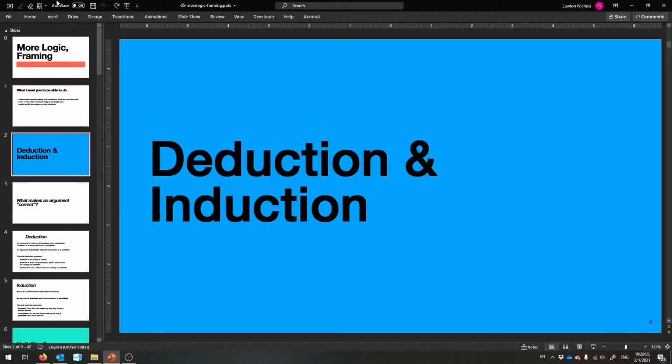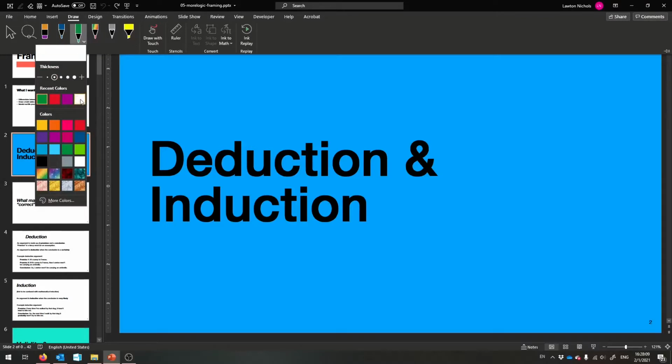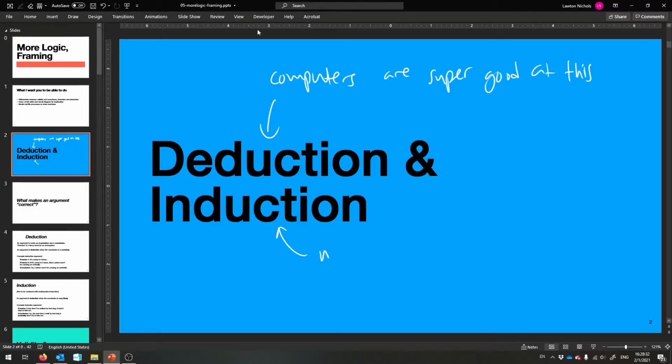So the first thing that I want to teach you about is this magical thing called deduction and induction and the difference between them. Okay, because computers can do one thing very well. Computers are really good at deduction. Computers are super good at this. And then induction is something you do more in your daily life. It's a more human kind of thing.